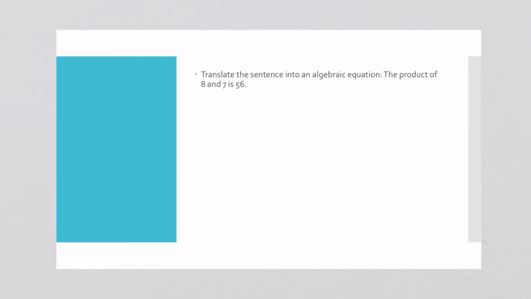Okay, now we're going to translate this sentence into an algebraic equation. The product of 8 and 7 is 56. Product means multiply, so there's several ways you could write this problem. You could write 8 times 7, although I really want you to get away from using x's for multiplication. Is means equals.